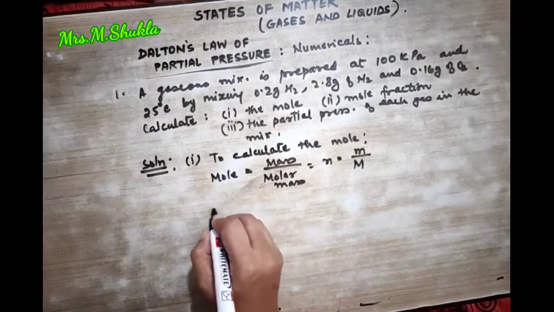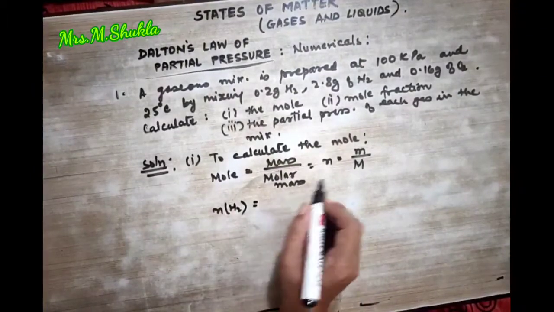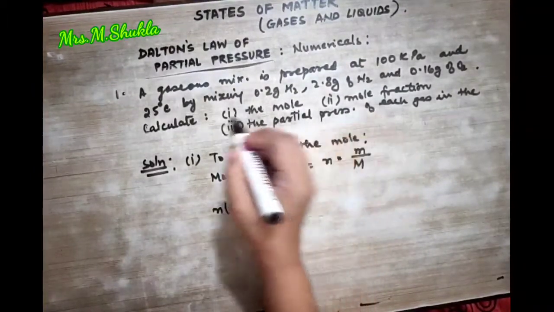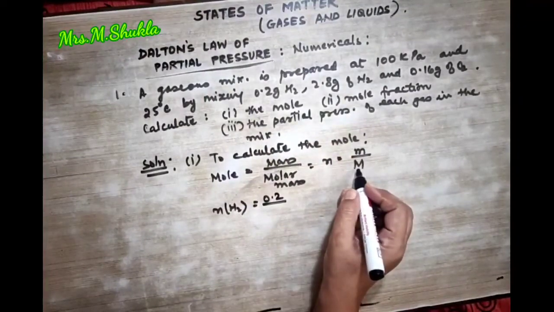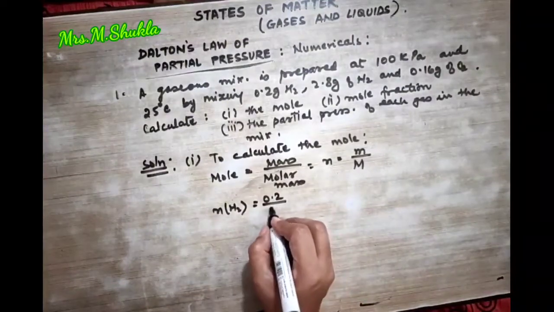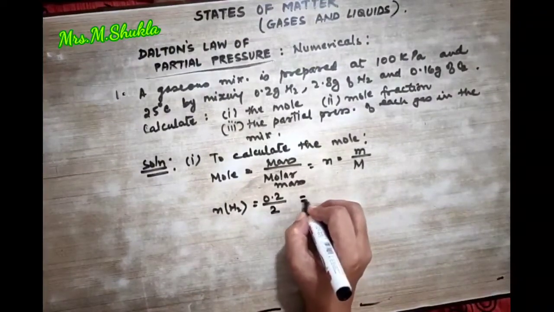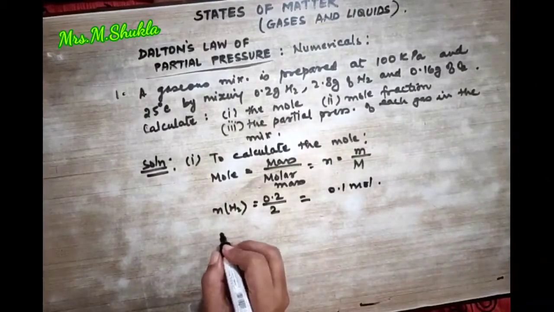For hydrogen, what is the mass given in the question? 0.2, upon what is the molar mass of hydrogen? That is 2. Therefore this is equal to 0.1 moles.